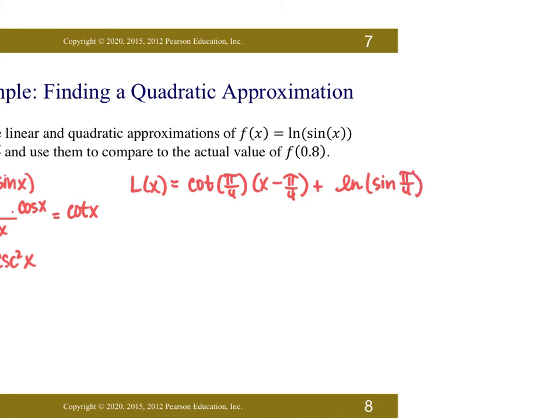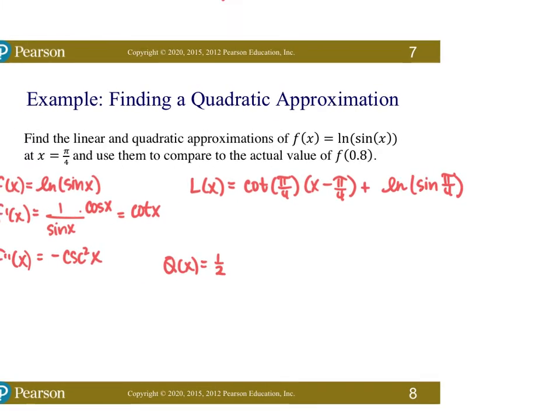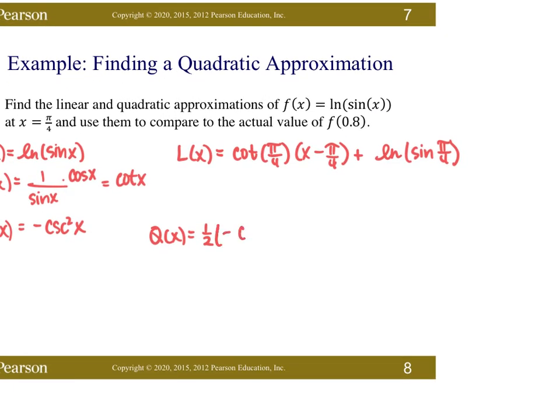Our quadratic approximation is going to be 1/2 of the second derivative, which is negative cosecant squared of pi/4, that value, times x minus pi/4 to the second, and then plus the linearization, so then plus whatever we get for L of x.